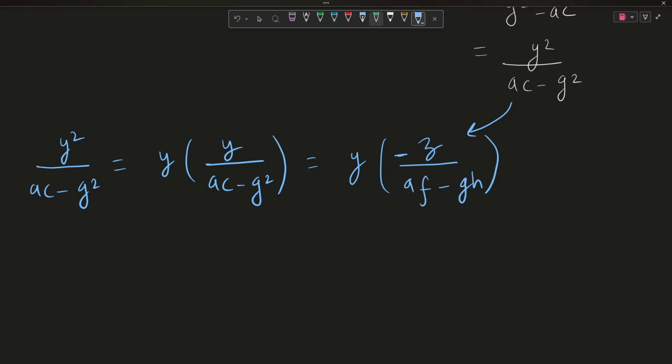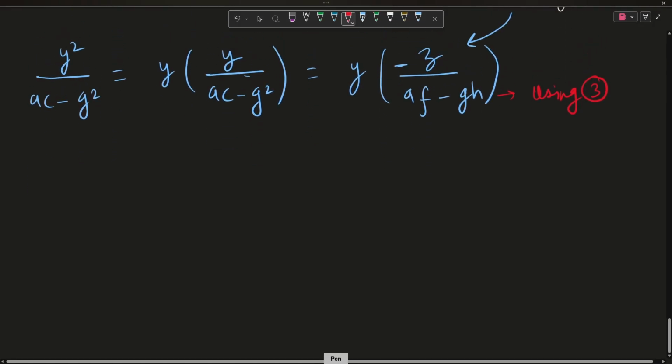I have put minus because in the third equation g square is first and it is subtracting ac, whereas in the given equation ac is first and subtracting g square. This I have written using the third equation again.